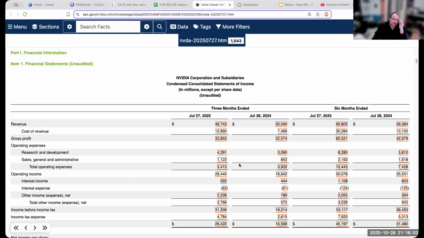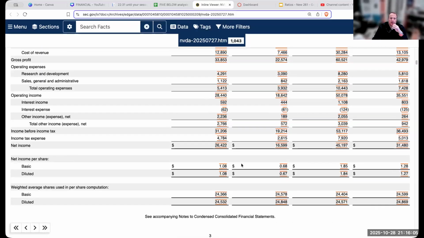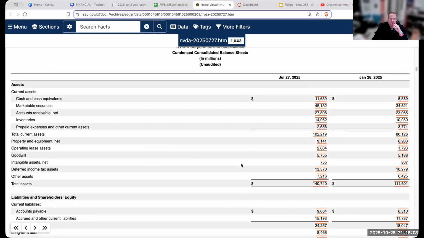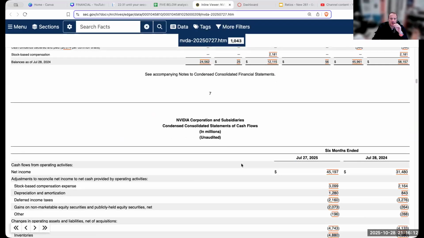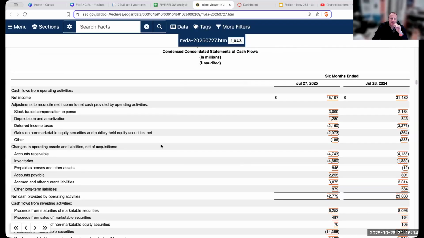And one thing to remember is that for a company like NVIDIA, in their cash flows they've got a lot of stock-based compensation expense. I'm guessing a lot of this is in their R&D group because of who they're paying, their engineers. But again, this is something to look at.